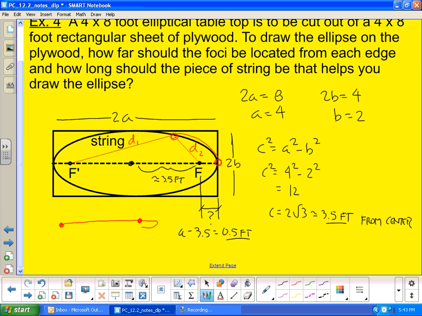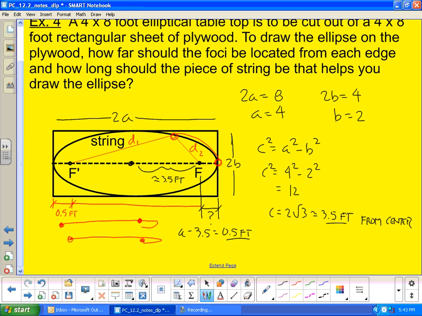So it looks like thumbtack, string, comes back around, back to the thumbtack. And that distance would be from F prime all the way out to F. We know that this distance from F prime all the way to the edge of the board, if the distance on the end is a half foot, that means over here this distance is also a half of a foot.